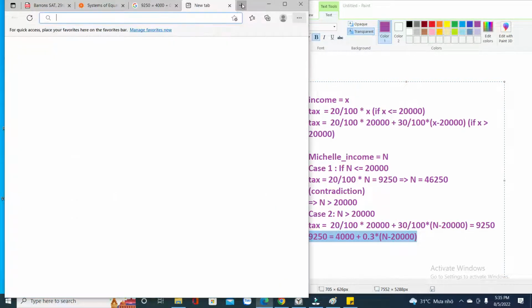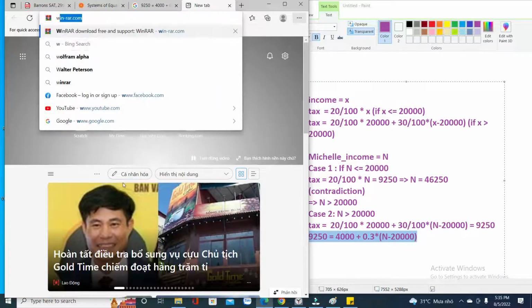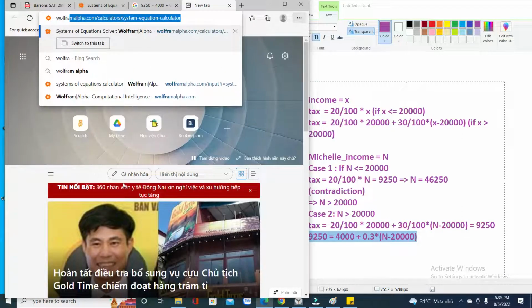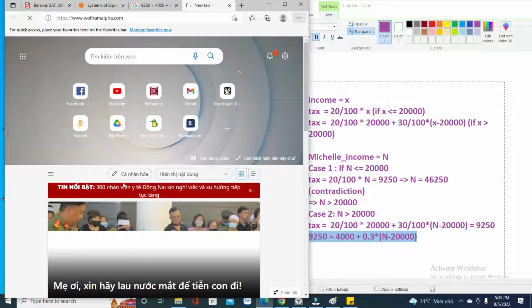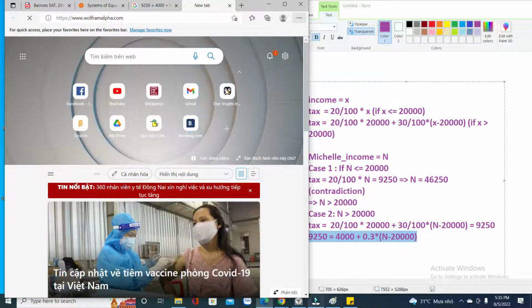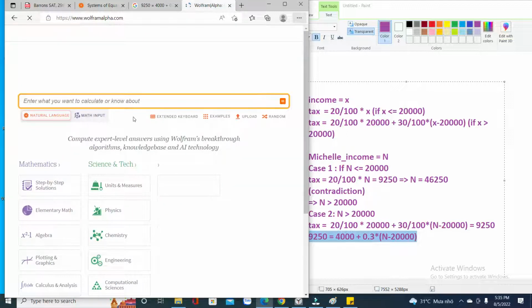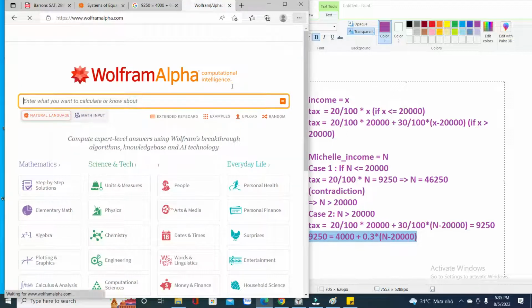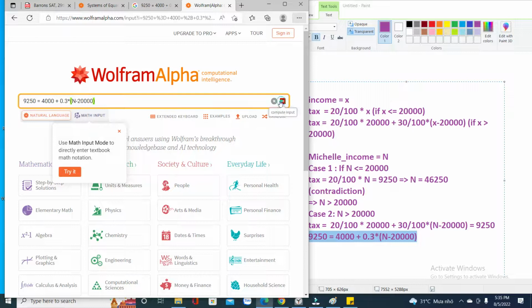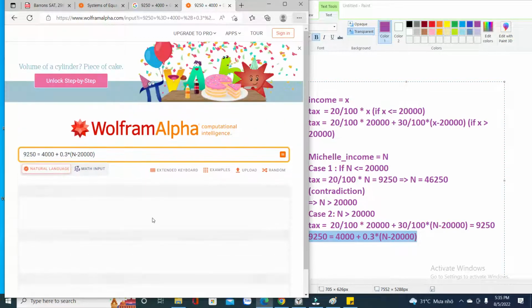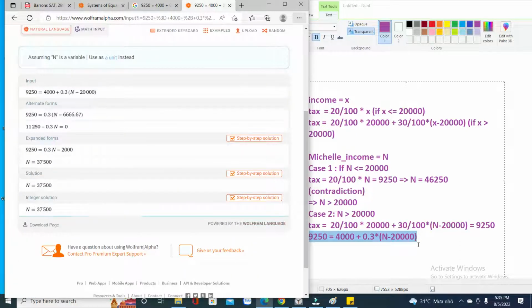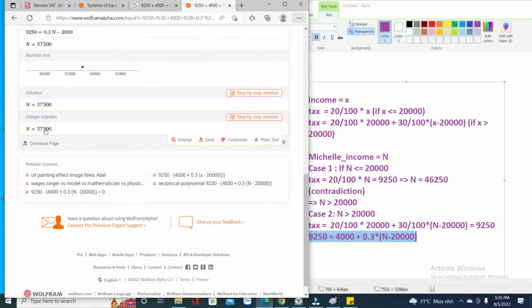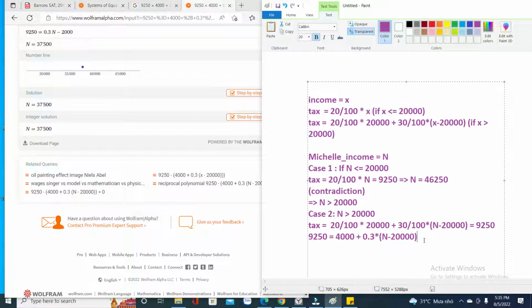Okay, so let's solve for n. I will just go to the group because I don't think I have any calculator here, and calculate. So n is 37,500.